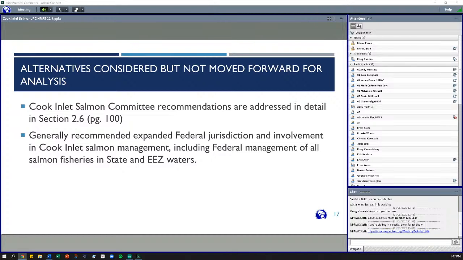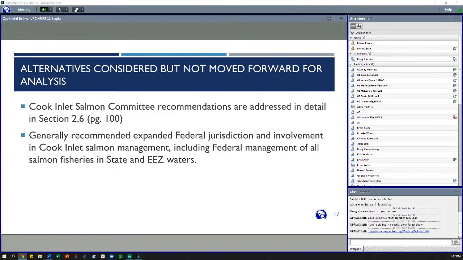So, like I mentioned previously, there's the stakeholder committee, the Cook Inlet Salmon Committee, convened by the council to provide recommendations to the council on what they would like to see for management measures under the amended FMP. These recommendations were finalized in June 2020 and presented to the council.